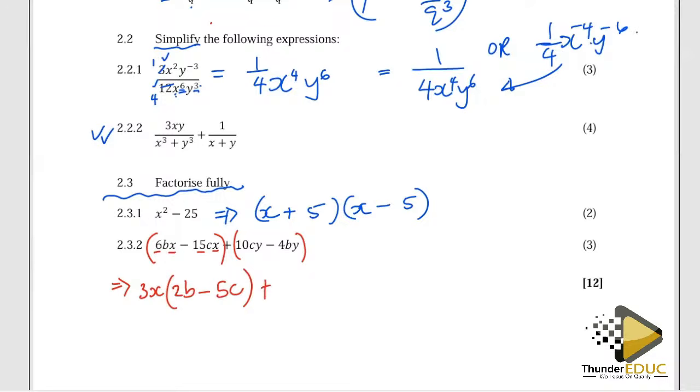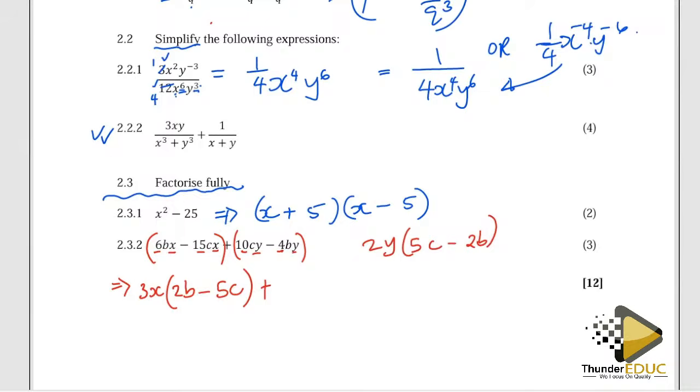Then, plus, when I look at this, what is common is a 2 and a 2 there, but we also have a y. But now what I'm noticing is that if I take out, let's say, a 2y, I'll be left with a 5c minus a 2b, which is kind of different from my first bracket when it comes to the sign orientation.